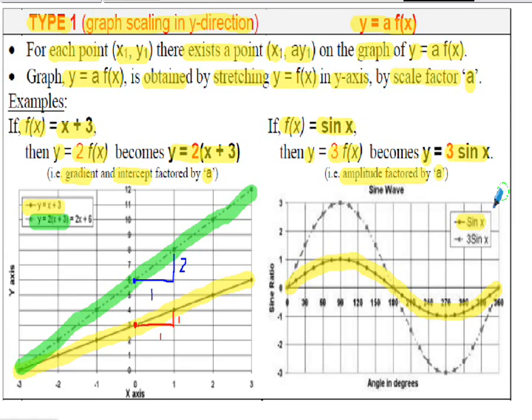And if we consider 3 multiplied by sine x, we will plot this curve where the amplitude is now 3 times that of the sine x curve. The amplitude of the sine x curve is 1, and the amplitude of the 3 sine x curve is 3.